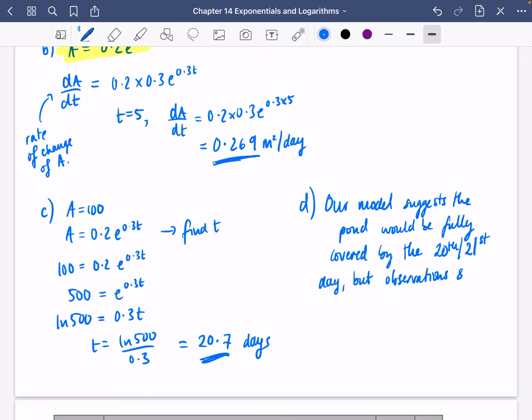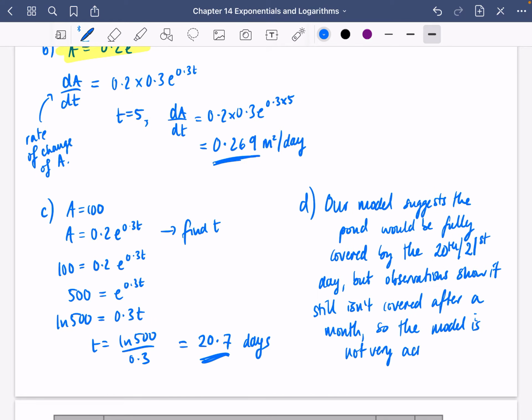But observations show it still isn't covered after a month. So the model is not very accurate. So there's just this little extra bit here of wanting to do an equation, which we couldn't do previously, and some kind of comment about the model.